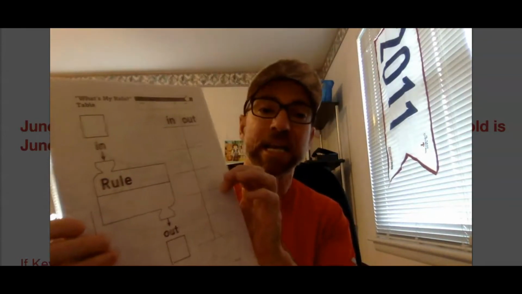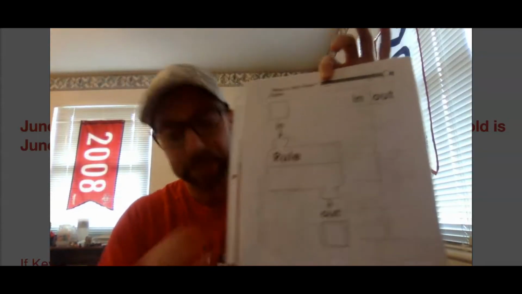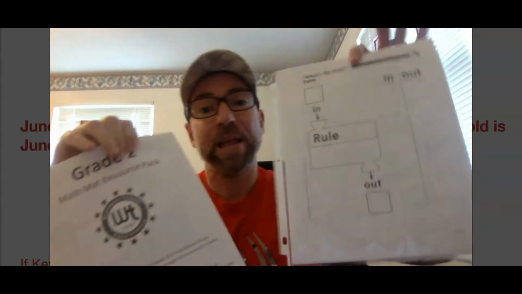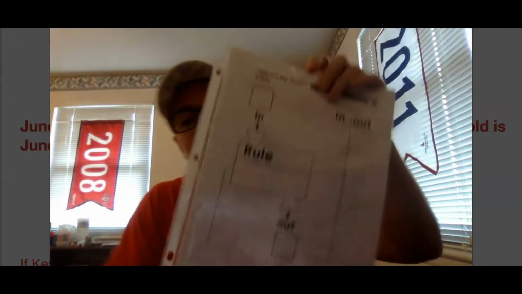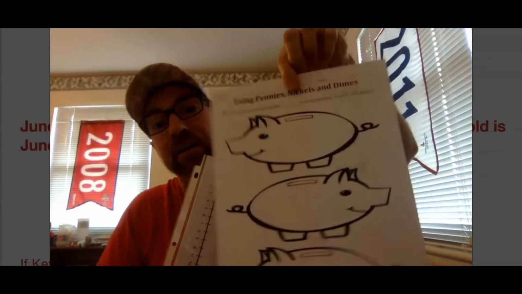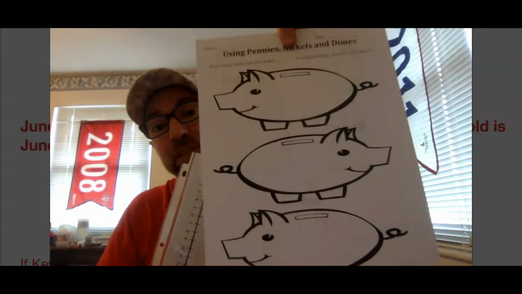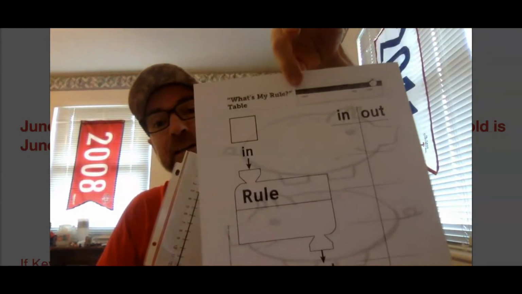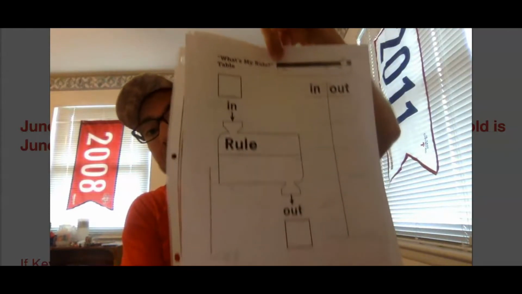the holiday spirit, because today we are going to be learning something called What's My Rule? And we are going to need one of our MathMat templates that's found in our grade 2 resource pack where we have our sheet protector. Now, this template is found on the back of the Three Little Piggy Banks. So if you find that Three Little Piggy Bank sheet, on the back is the What's My Rule?